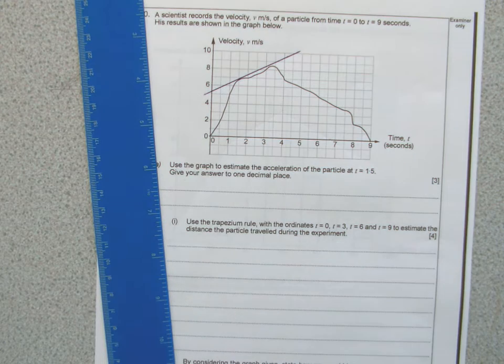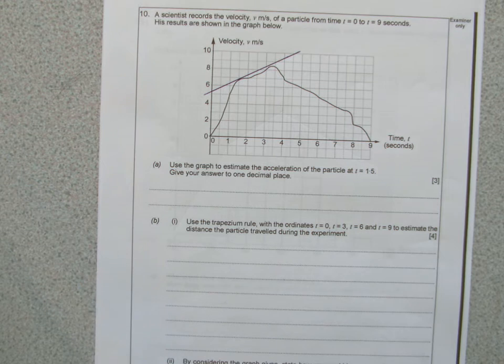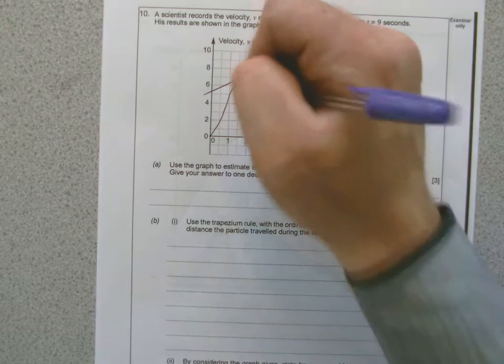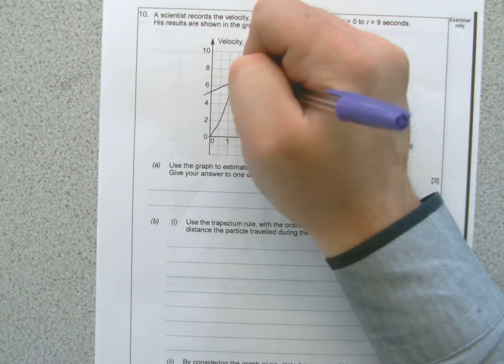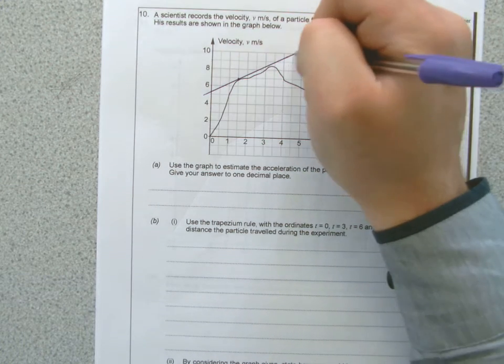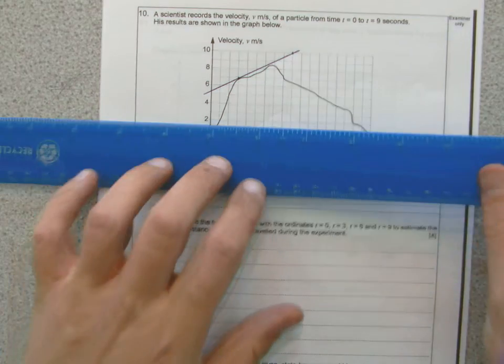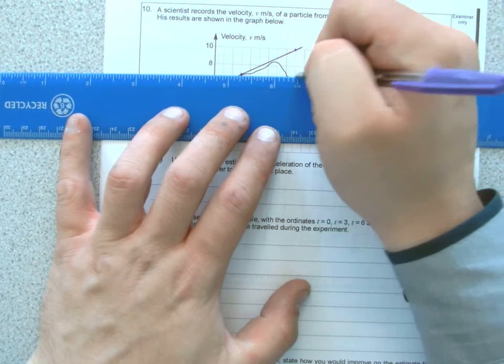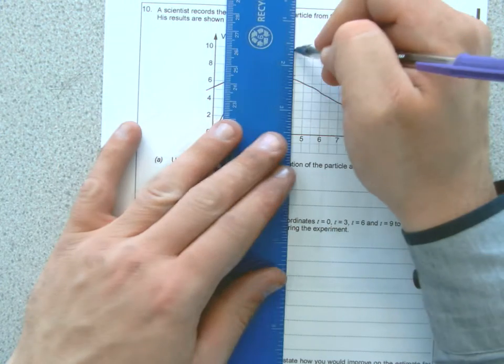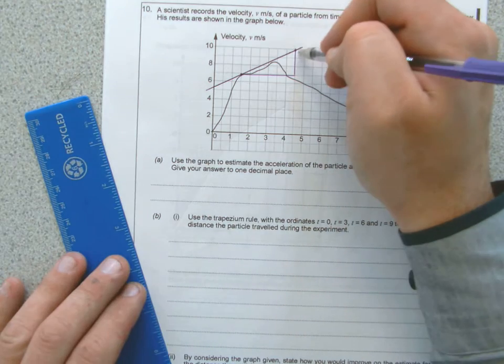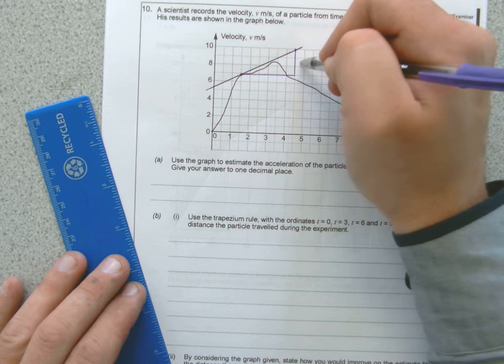And then we can draw a triangle. When you draw a triangle, you need to pick two nice points, two points that we're able to calculate with. So if I choose this point here and this point here, and then draw a triangle, if we look at that drop there, that's going from 10 to 7, so that's 3.